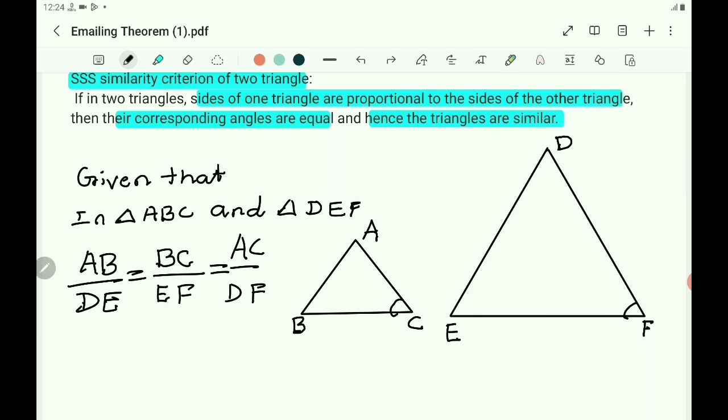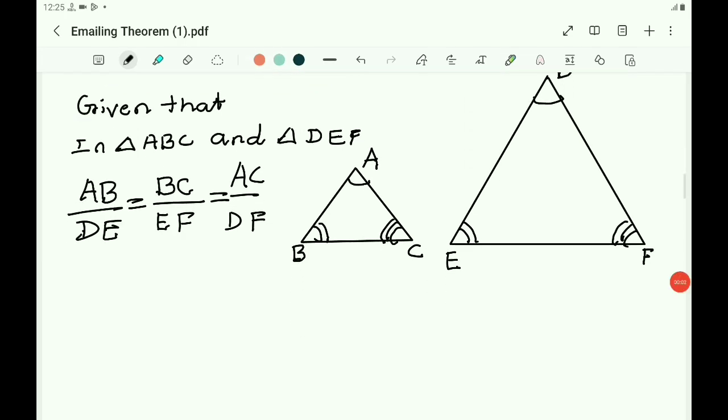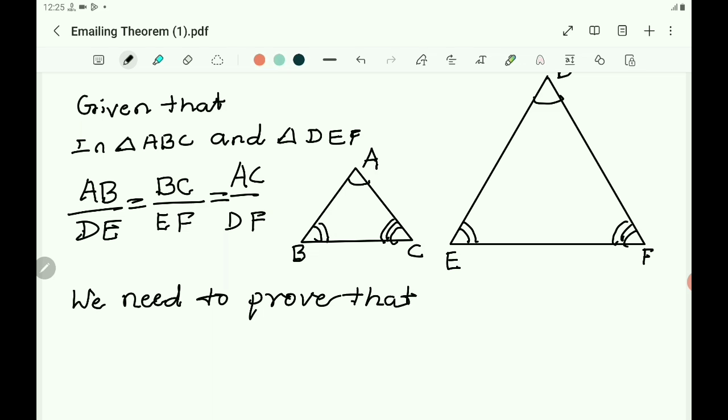Angle A is equal to angle D, angle B is equal to angle E, and angle C is equal to angle F. Now you write that we need to prove that their corresponding angles are equal and they are similar.